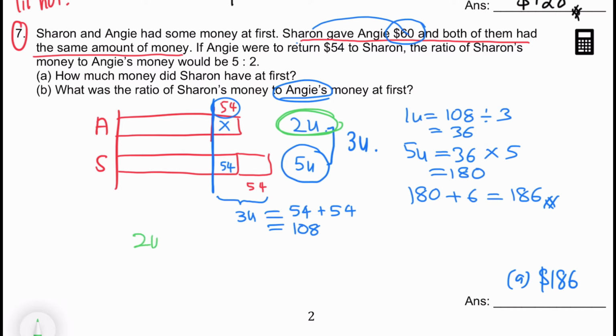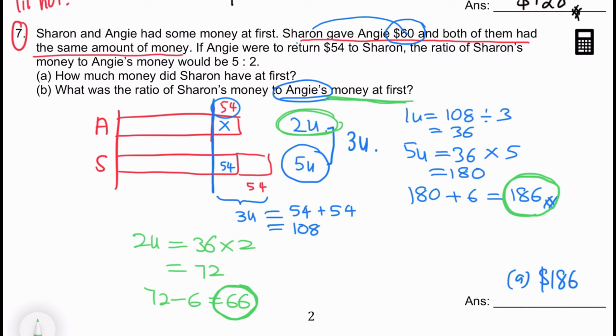So 2 units is equal to 36 times 2 equals 72. So Angie's amount of money at first, she has to return the additional $6, right? So 72 minus 6, giving me 66. So Angie would have $66 at first, Sharon would have 186.